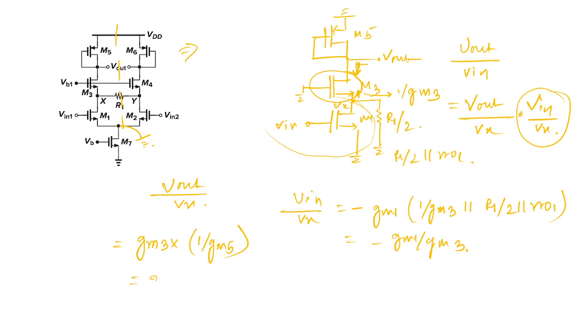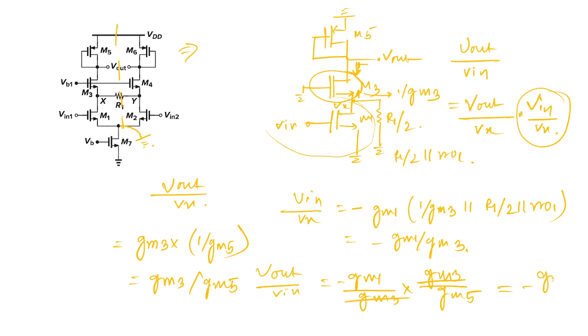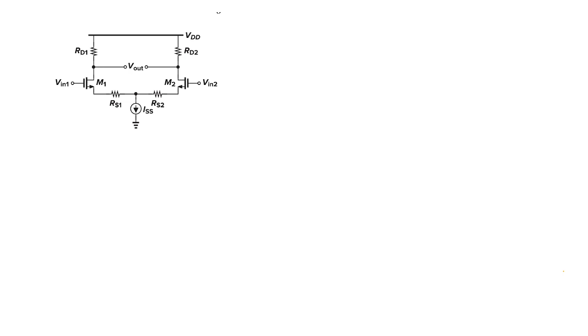So this value will be Gm3 by Gm5. So for the overall gain V out by V in, just multiply Gm1 by Gm3 into Gm3 by Gm5. So our gain becomes minus Gm1 by Gm5.